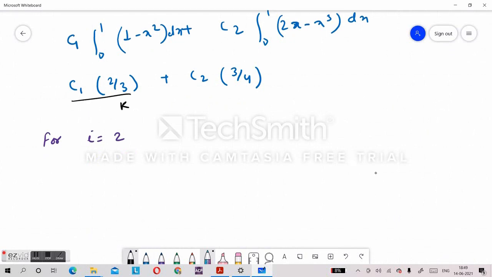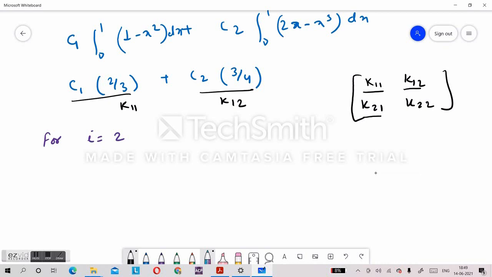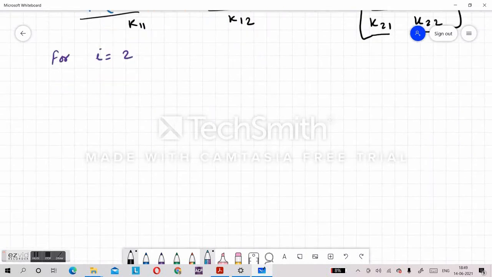Just name these terms k11 and k12. This is a stiffness matrix: k11, k12, k21 and k22. So what we have calculated is k11, k12, and now we are calculating k21 and k22.